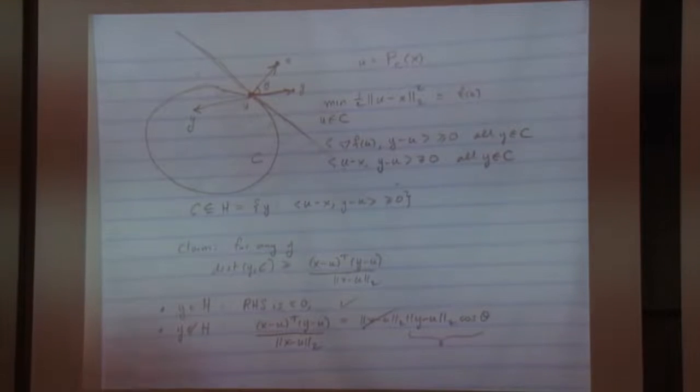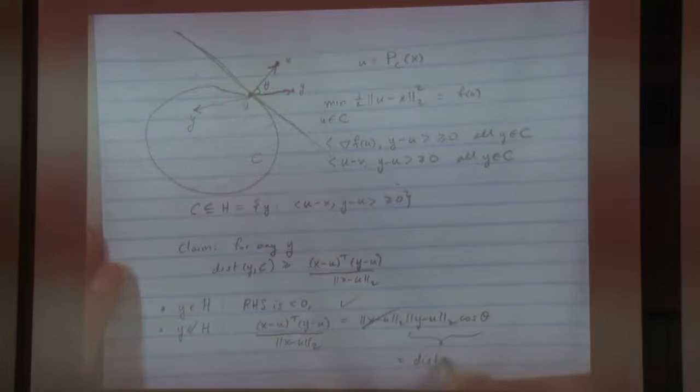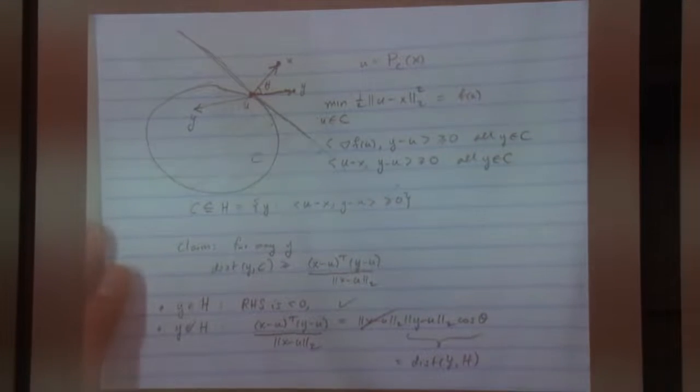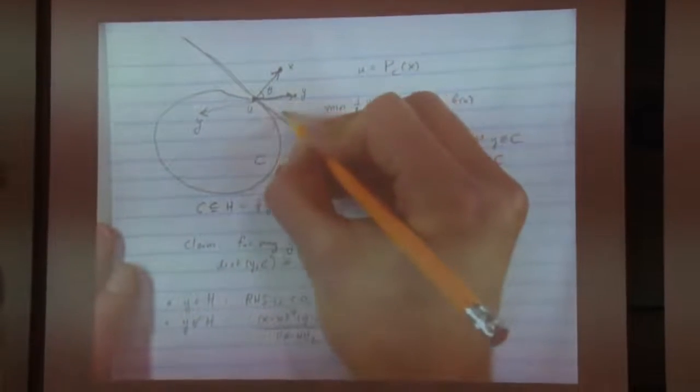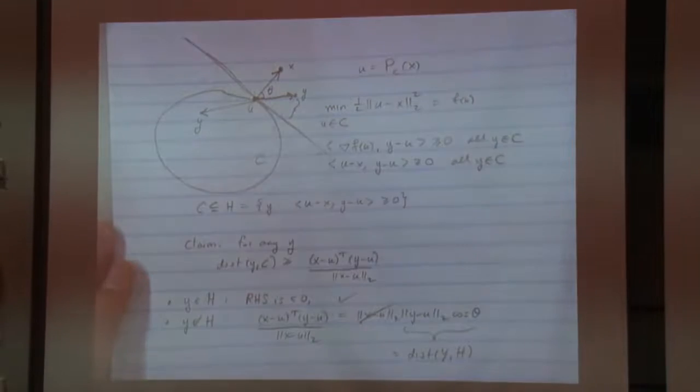Okay, I claim that this is the distance between y and the half space. Why is that true? You can see it directly from the picture. This is the distance between y and the half space, right?